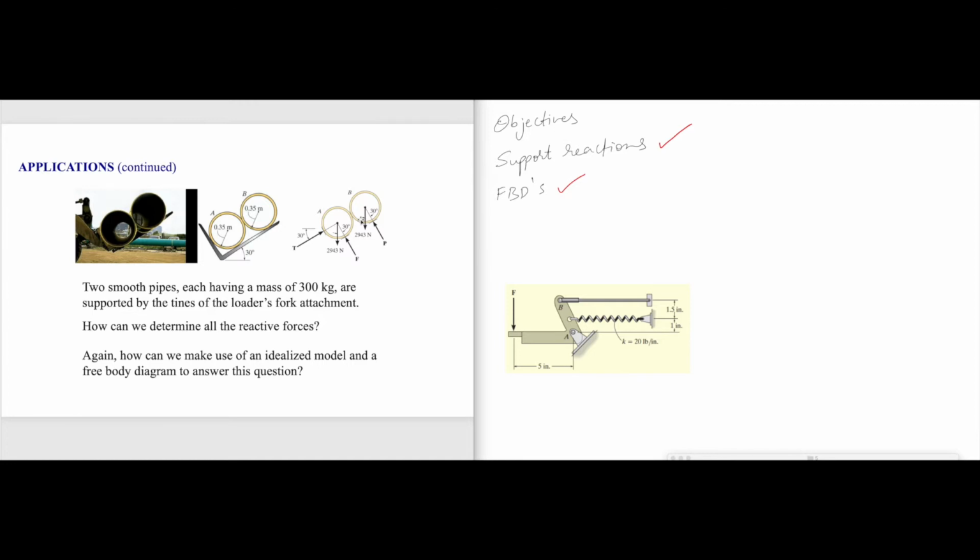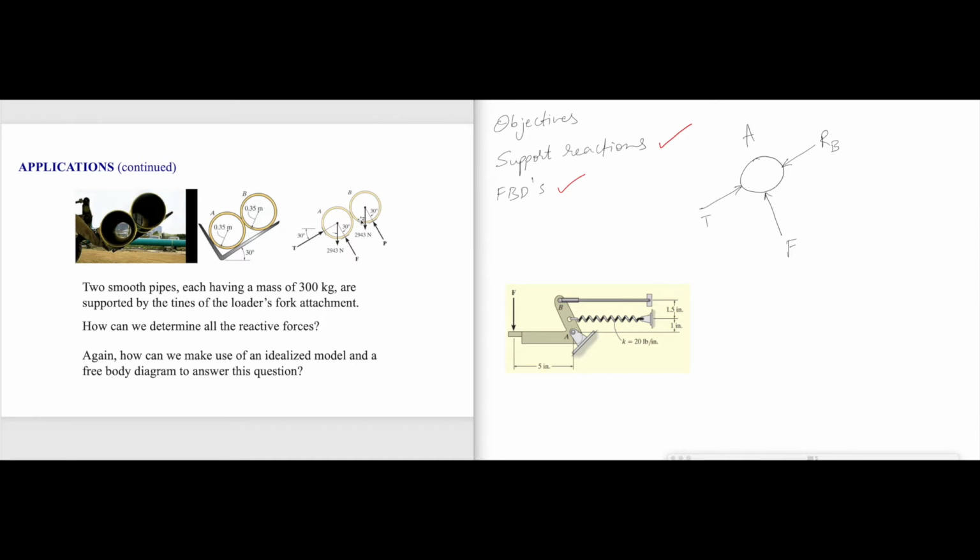For example, you can have a pipe A. If we only treat pipe A, we have a smooth contact here, which we can express as F, and a smooth contact here, which we can express as T. Then we have a contact due to the pipe B, and due to that contact, we should give a reaction due to B. That's how the free body diagram of the pipe would be.